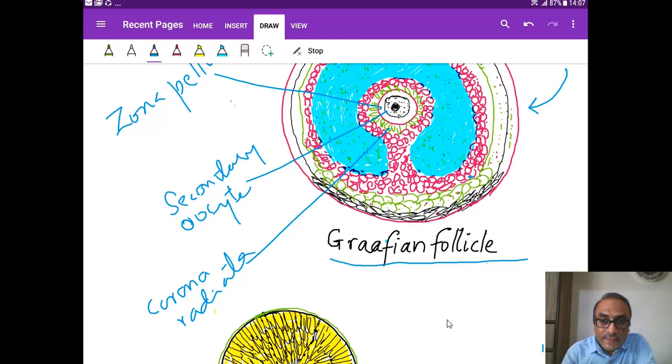Outside the corona radiata there is a layer of granulosa cells surrounding it, forming a disc-like structure, and these cells continue in the form of a cord connecting it to the wall of the Graafian follicle. This structure is therefore called the cumulus oophorus.